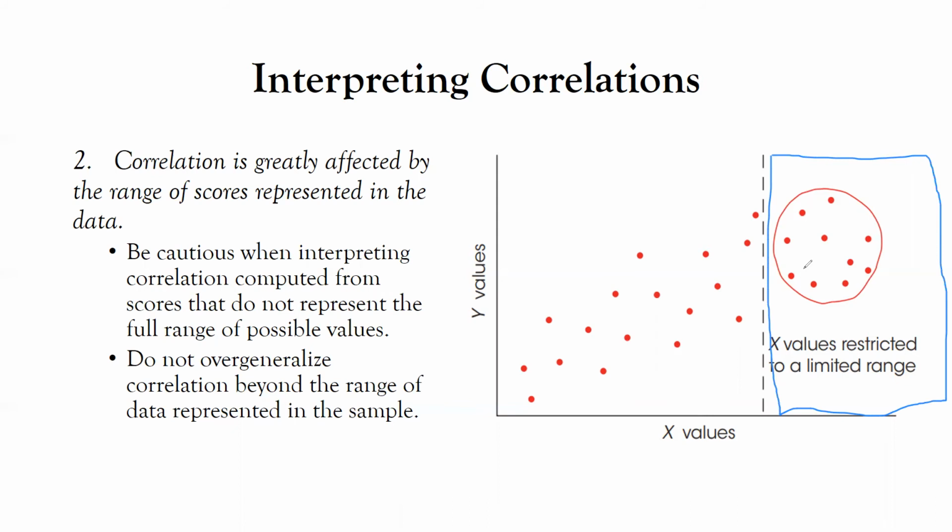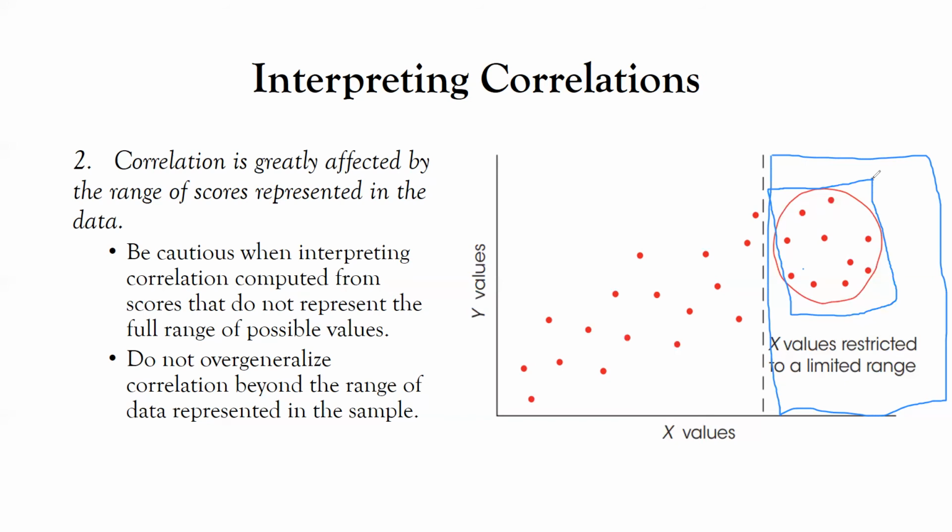I think the example that was given was the scatter plot for creativity and intelligence for college students. And you already know that people who go to college more or less have the same IQ, or belong to a very limited range of IQ.